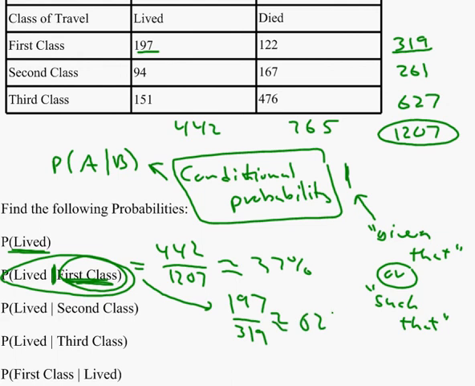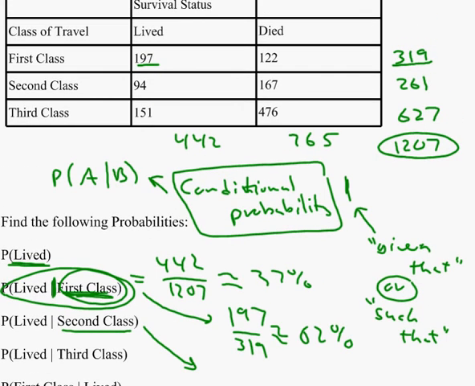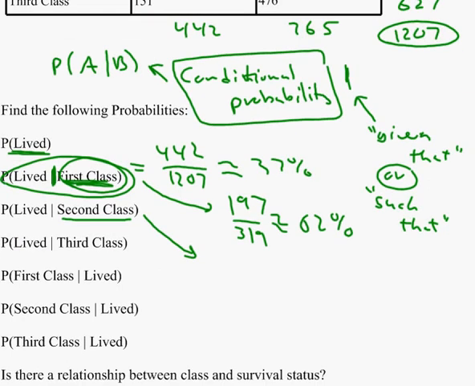All right, let's try one more before we go. The probability someone lived given they were a second class passenger. Okay, so there are 94 people that lived and were second class out of 261 total. So 94 over 261 is about 36%.